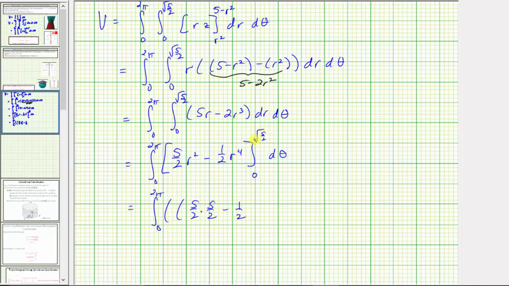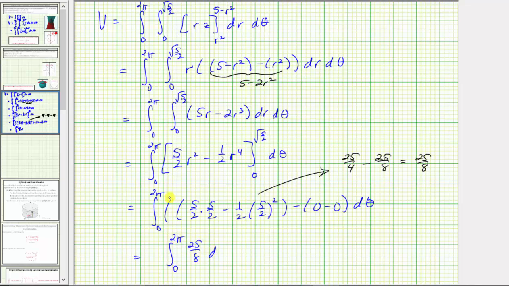When we raise the square root of 5 halves to the fourth power, we get 5 halves squared. And then when r is 0, both terms are 0. Simplifying here, we have 25 fourths minus 1/2 times 25 fourths, which is 25 eighths. We have the integral from 0 to 2 pi of 25 eighths d theta.